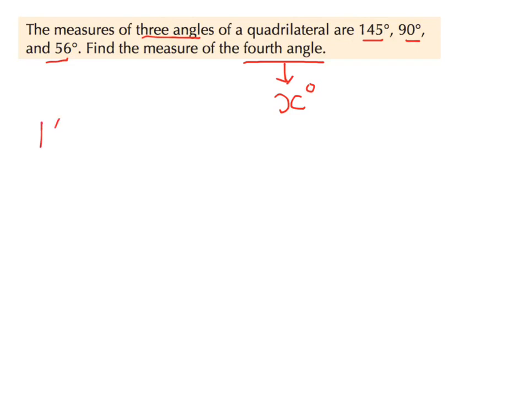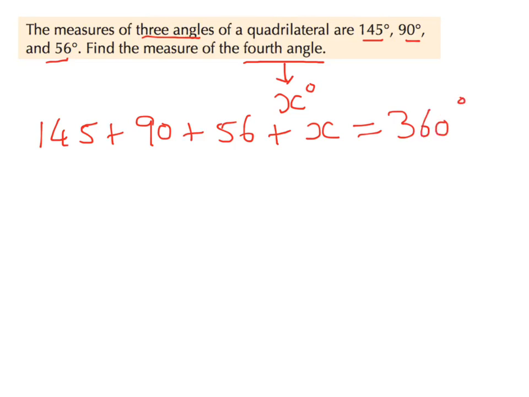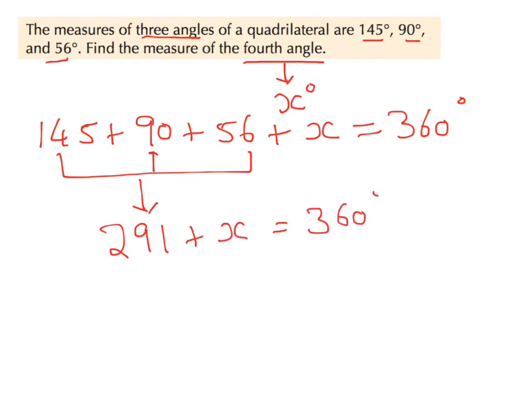So 145 plus 90 plus 56 plus x should be equal to 360 degrees. And if we add up all these, how much is that going to be? 145 plus 90 plus 56 is going to be 291, so 291 plus x equals 360 degrees.